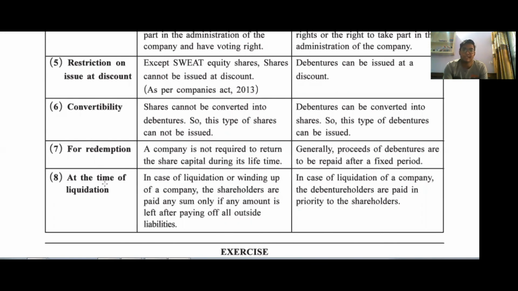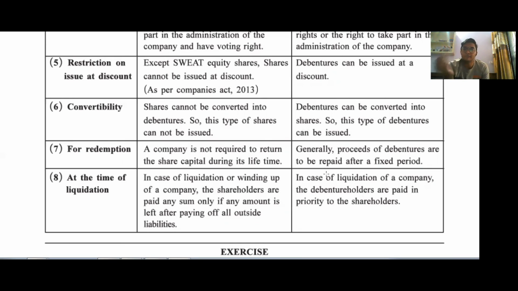Next, at the time of liquidation, shareholders are paid only if an amount is left after paying all the outside liabilities. Means first of all, the company pays all the outside liabilities, creditors, bank loans, debentures, etc. And if there is any balance, then such balance goes to the equity shareholders. On the other side, at the time of liquidation, debenture holders are paid in priority to the shareholders. Got it?